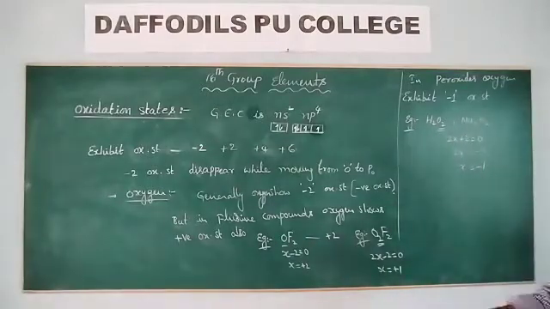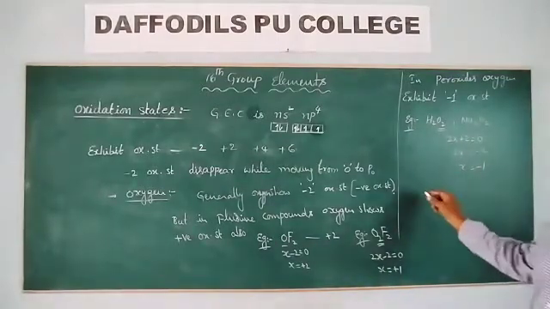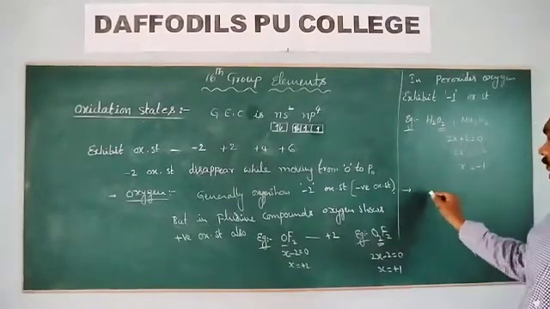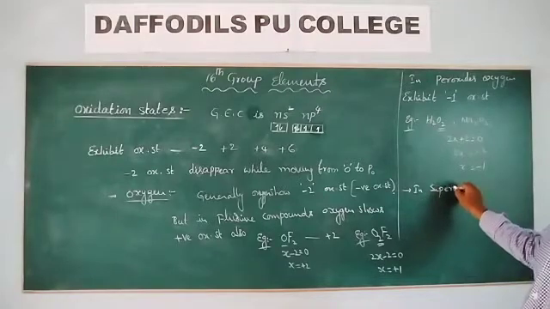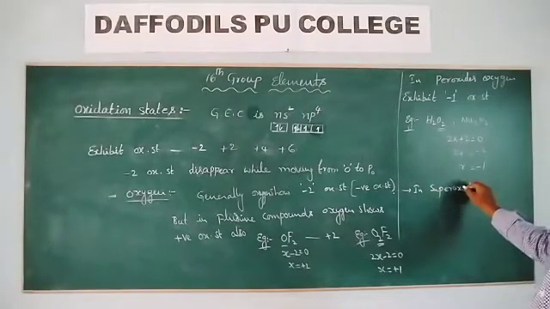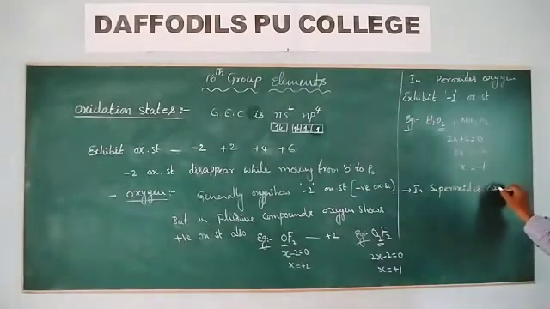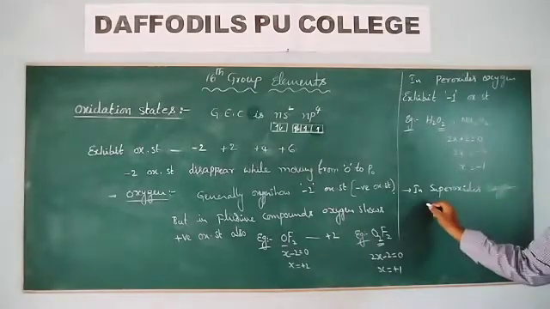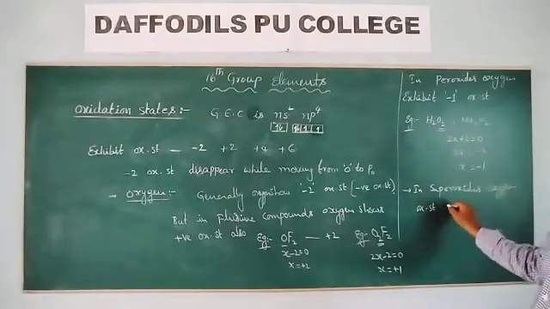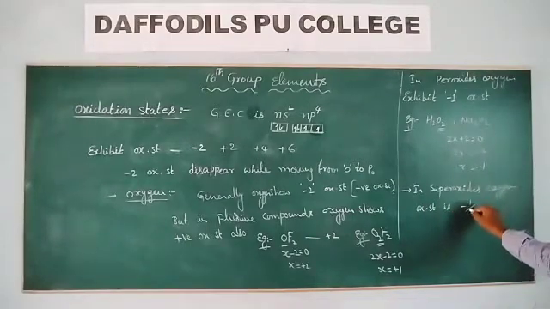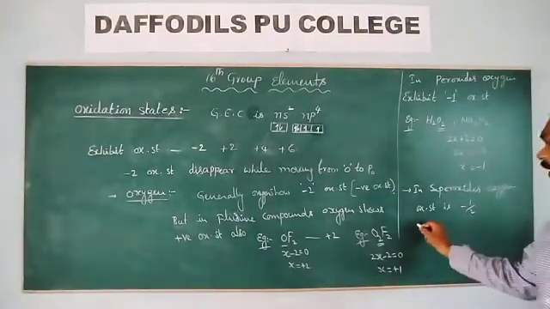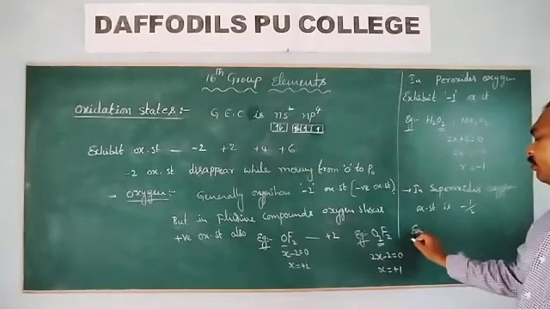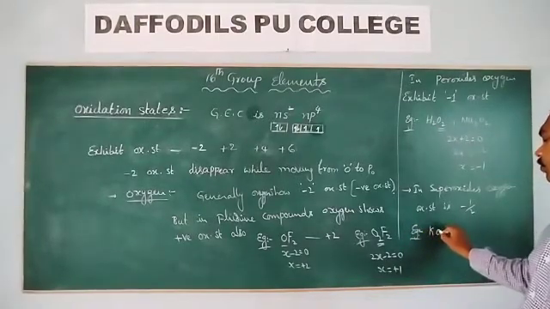Look at another case of oxidation state. In superoxides, the oxygen oxidation state is -1/2. Take the example of potassium superoxide, KO2.